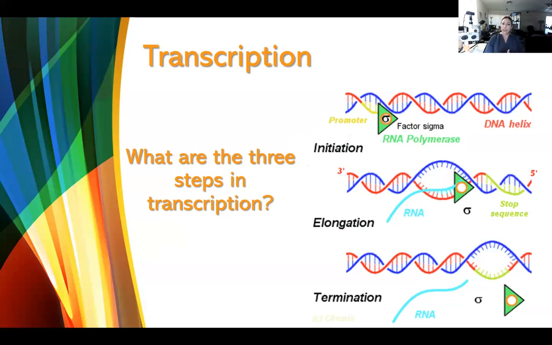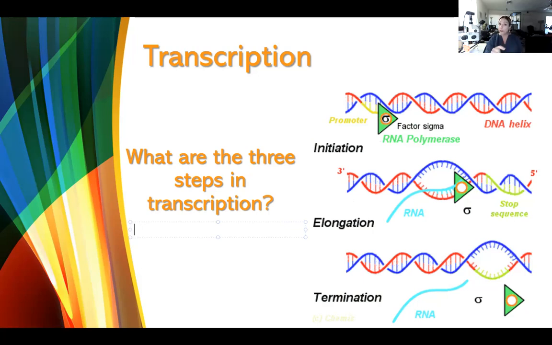Now, this is actually a fairly complicated process, but you only need to know the basics. So initiation. To initiate something is to begin, right? So initiation is step 1. RNA polymerase attaches to the DNA strand at an area called the promoter.